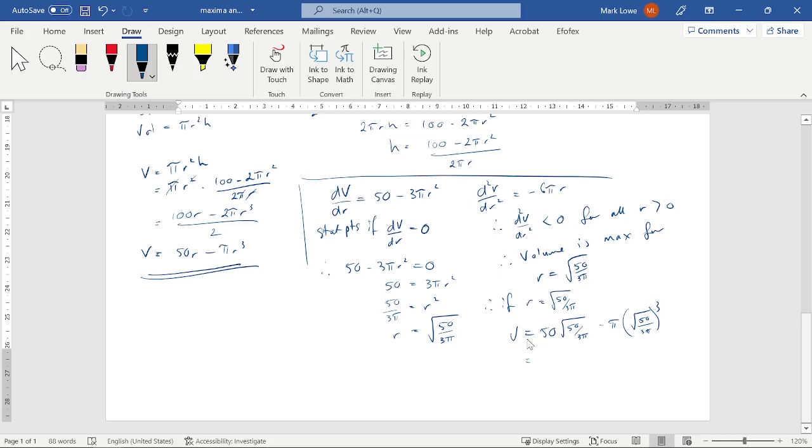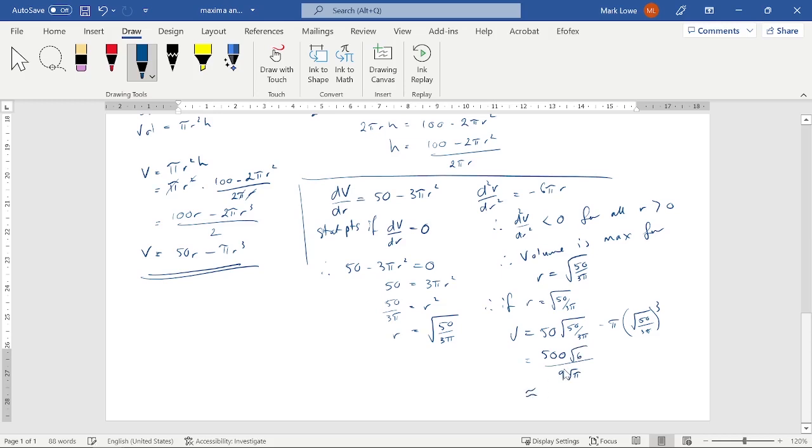Definitely going to need a calculator on that one. As an exact value, that happens to be 500 root 6 over 9 root pi.